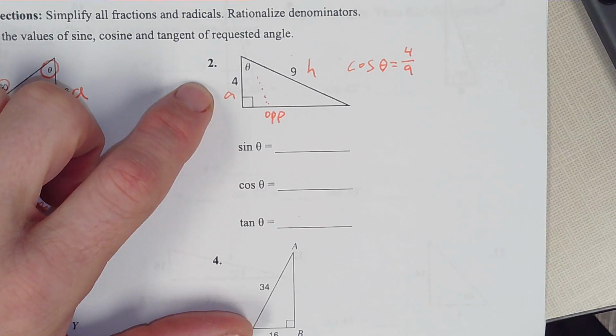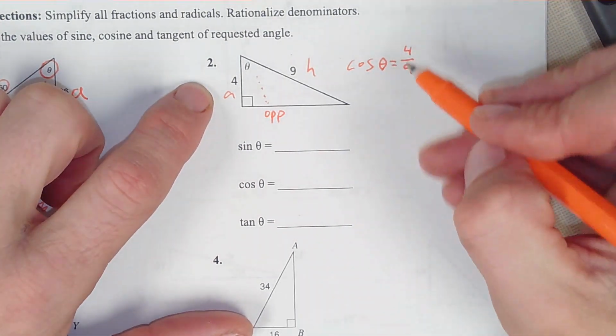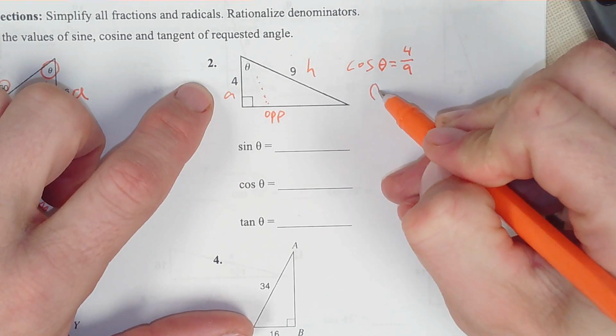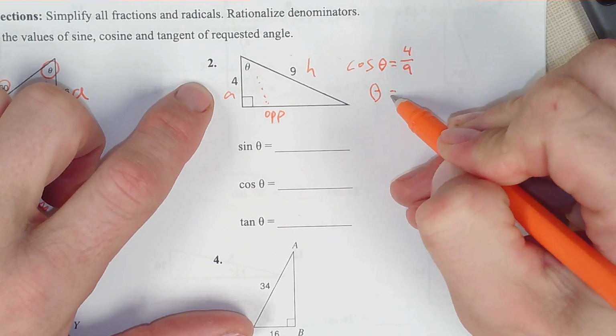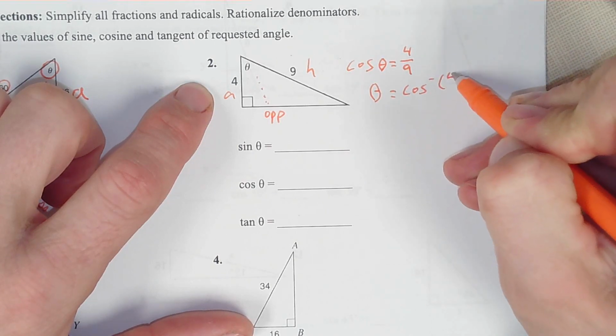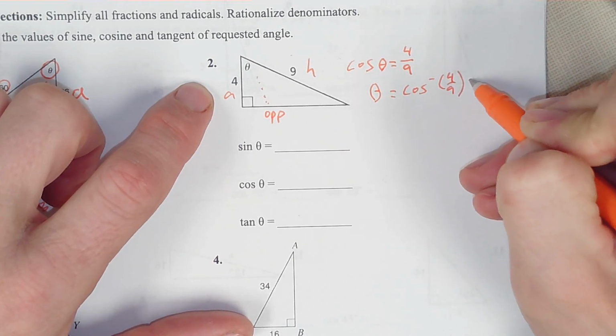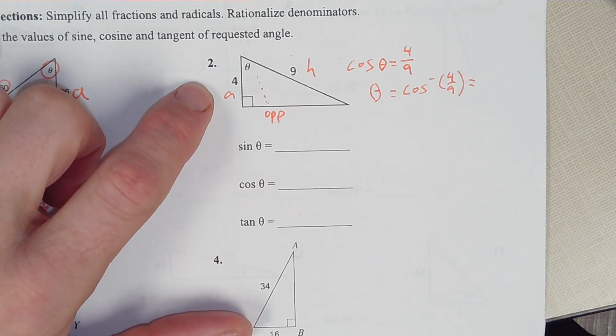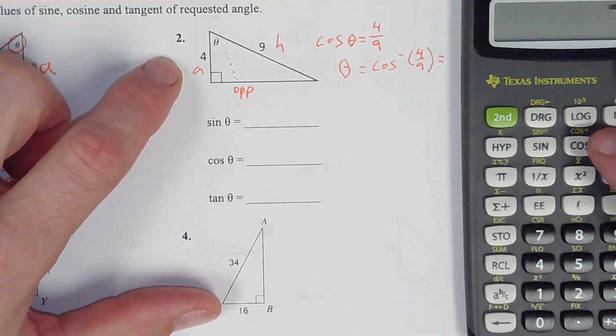So I know that the cosine of theta equals 4/9. I'm going to solve for theta by taking the arc cosine. The arc cosine of 4/9 equals theta. This is how you do that on a calculator.